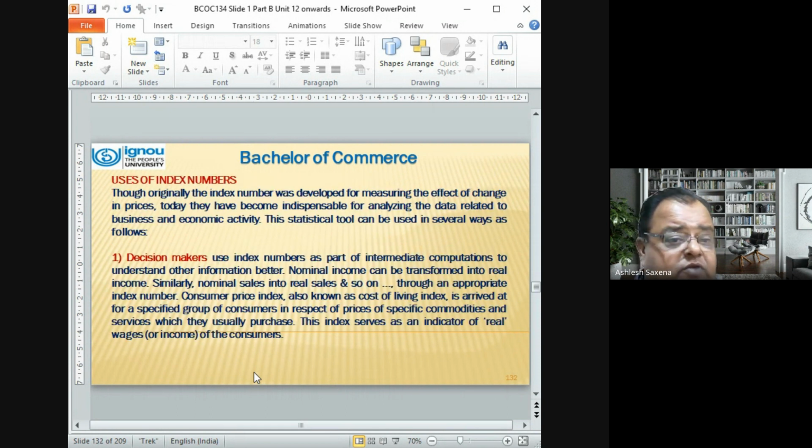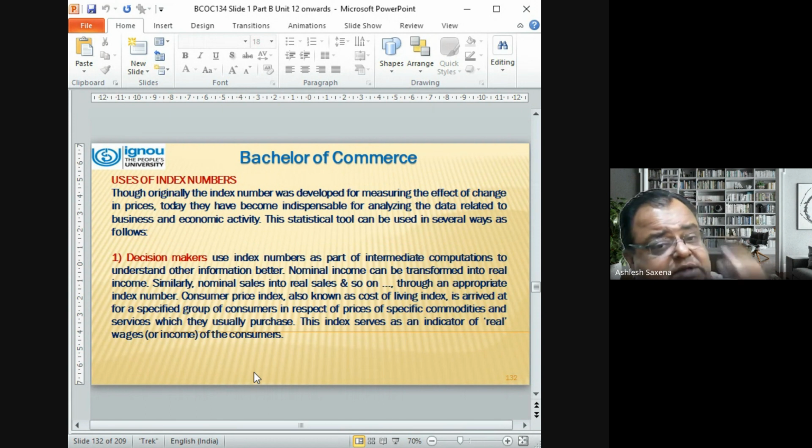How are these index numbers used? Though originally the index number was developed for measuring the effect of change in prices, today they are becoming indispensable for analyzing the data related to business and economic activities.